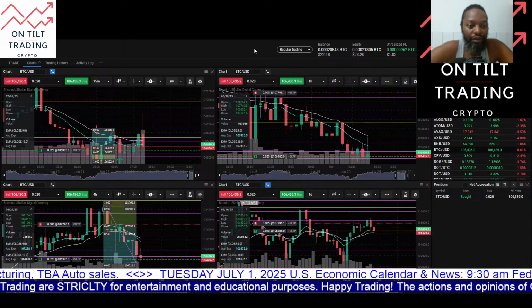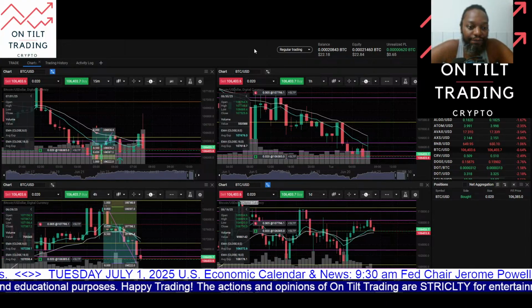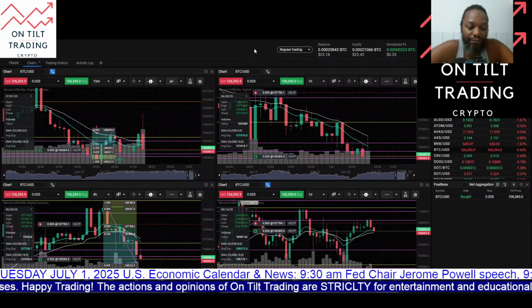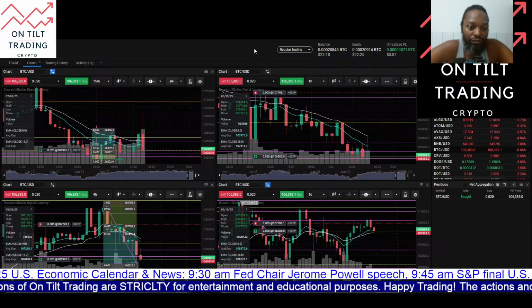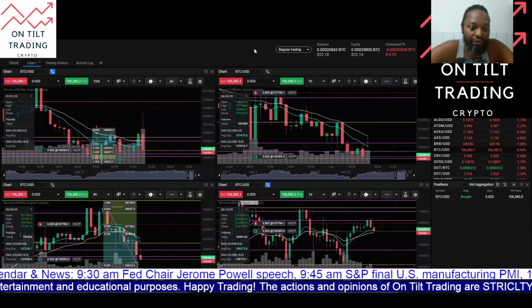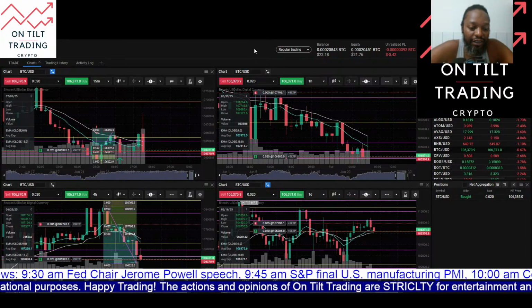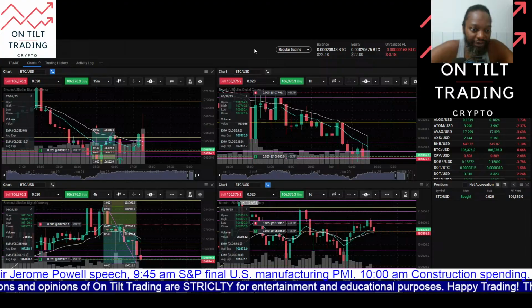Wow. Price now being delivered to the buy side with some consolidation. So what looked like a pretty easy and early day has now turned into something else.